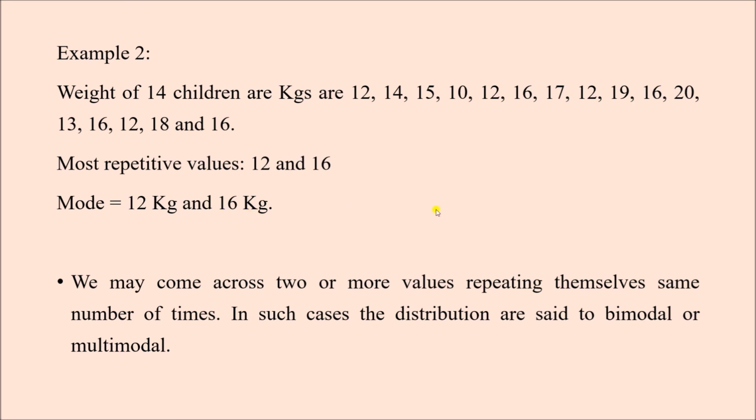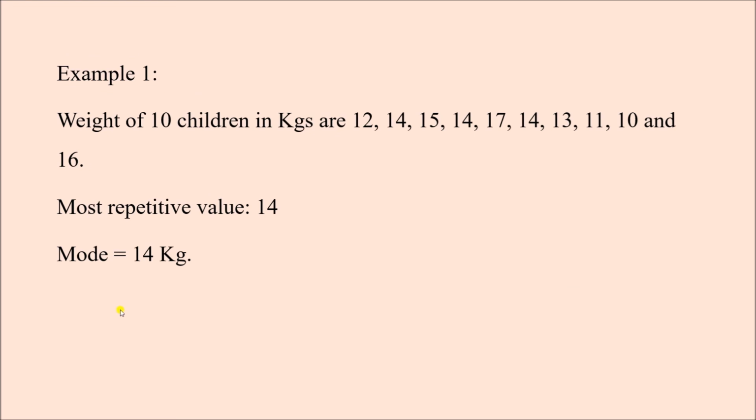If we had three values here repeating itself say 4 times, all of them repeating itself 4 times, in that case we could have called it multimodal. So more than 2 is multimodal. In the previous example, since we had only one value that kept repeating itself most of the time in the given data set, this is known as unimodal.